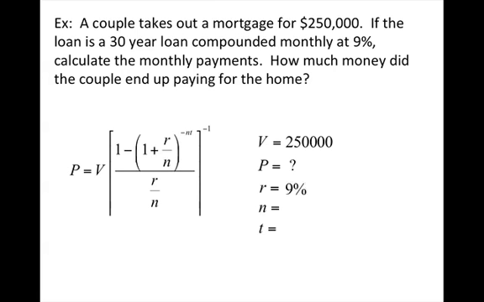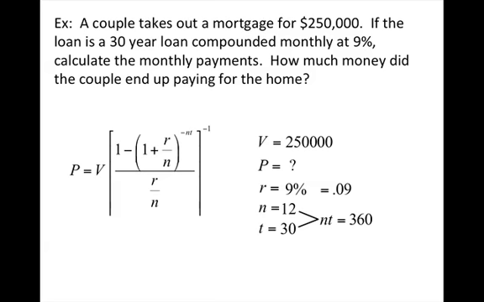If I divide that by 100, I get 0.09. N is the number of times the account is compounded, and this one's compounded monthly, so it's 12. T is my time in years, and I'm taking out a 30-year loan. And if I go ahead and multiply the N times the T, 12 times 30 is 360.